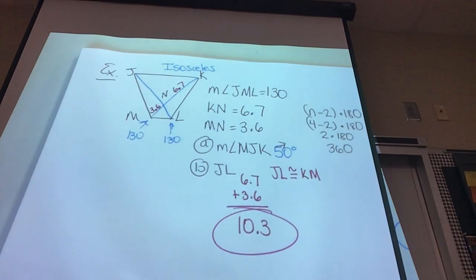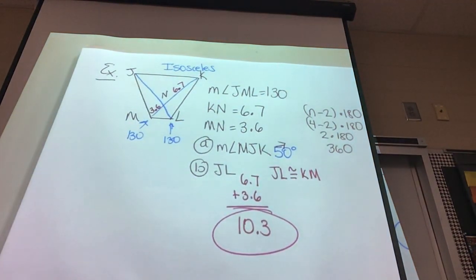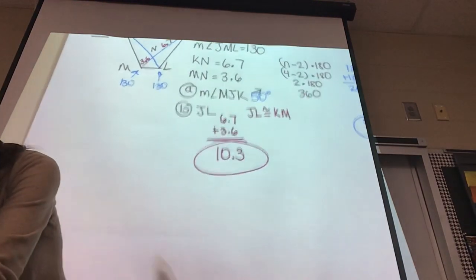I need to show you, I'm not going to finish this, so we'll end up having to finish it tomorrow. But I do need to show you the mid-segment. So draw another trapezoid real quick.